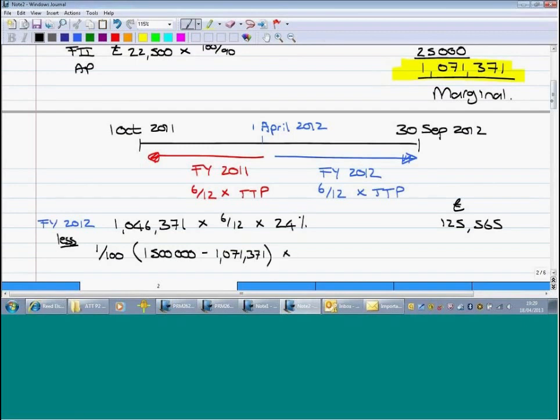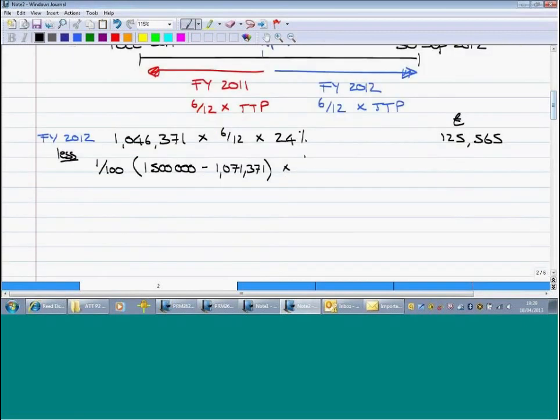I'm then going to multiply by the fraction with TTP being 1046371 on top, and on the bottom being 1071371 for the augmented profits. But what I've got to remember to do at the end is multiply all of that by 6/12, because only 6 months worth falls into financial year 2012. And when I plug all of that into my calculator, I get a figure of £2,093 for marginal relief, and remember that's a deduction.